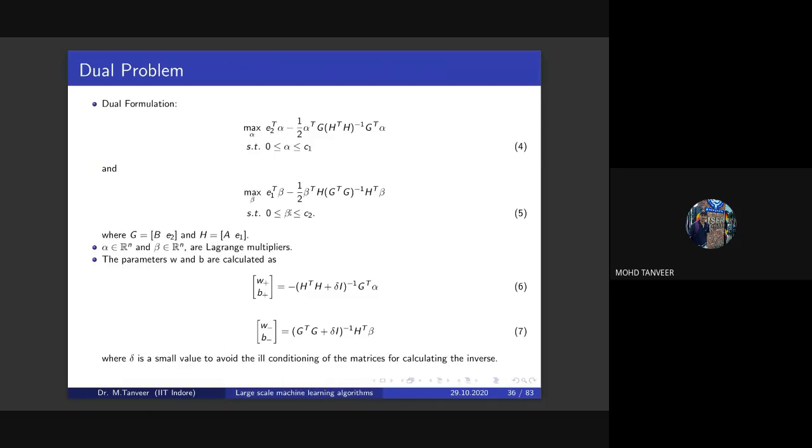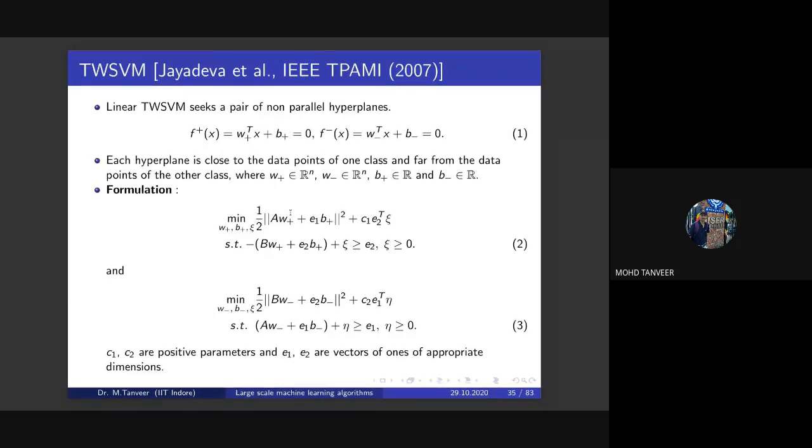So what happens if we talk about complexity? In support vector machine, we are solving a very large single quadratic programming problem, so the computational complexity is big O of m cube, where m is the number of training data points. In Twin SVM, let us consider half of the data points belong to class 1 and half to the other class.